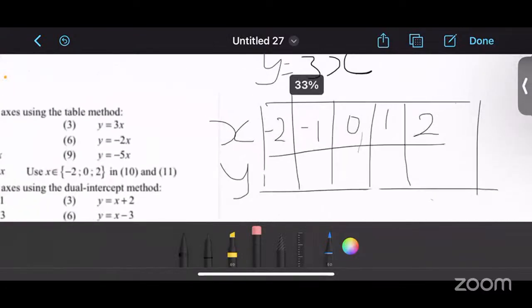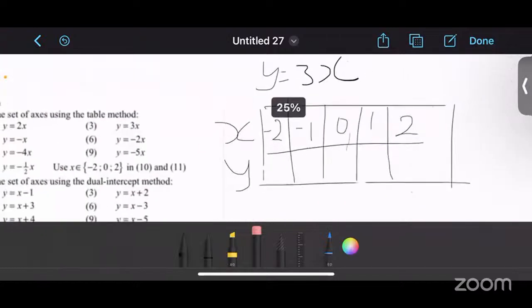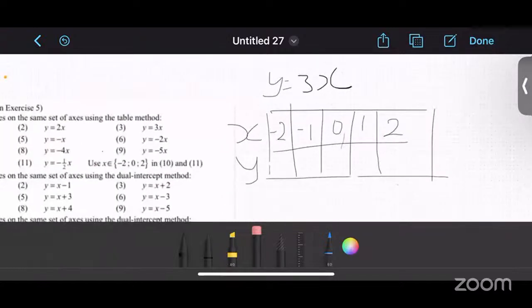+4. How is it positive, Langelihle? Because you multiply -2 by -2, ma'am.